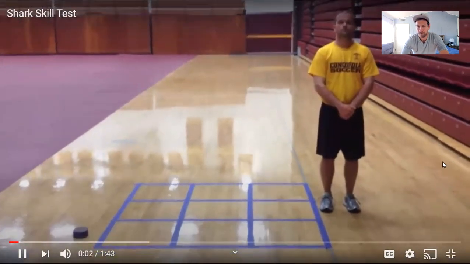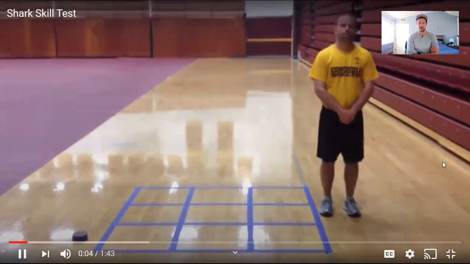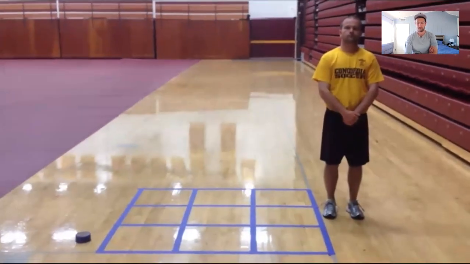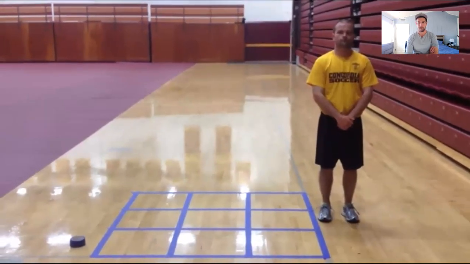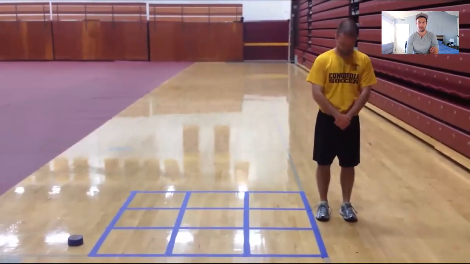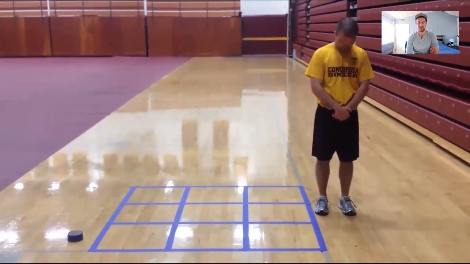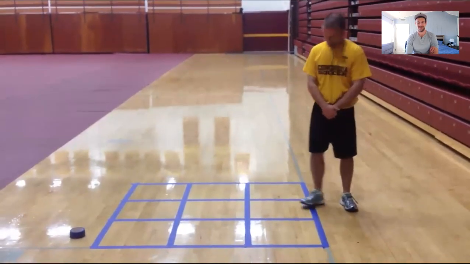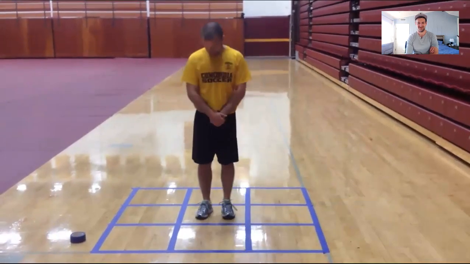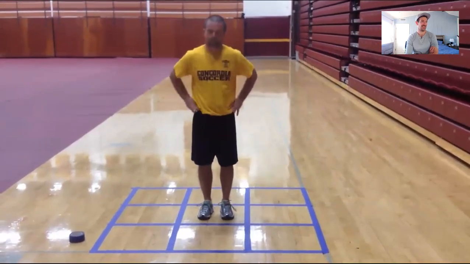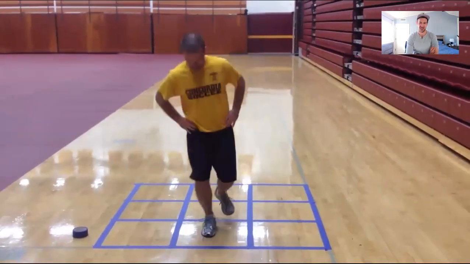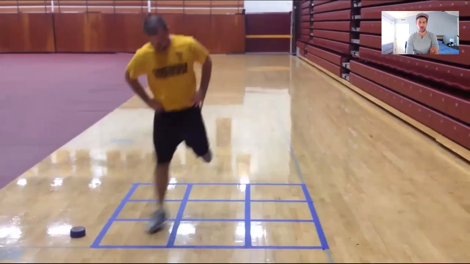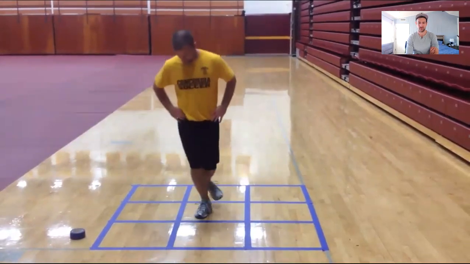Shark skill test is designed to assess agility and neuromuscular control of the lower extremity and is a progression from the single leg squat test. The setup of the test requires 9 12 by 12 inch boxes placed in a 3 by 3 pattern. The starting point of the test is in the center square. The athlete stands hands on hips and on one leg. The test is performed by hopping into each box in the designated pattern, always returning to the center square before moving on to the next in the sequence.